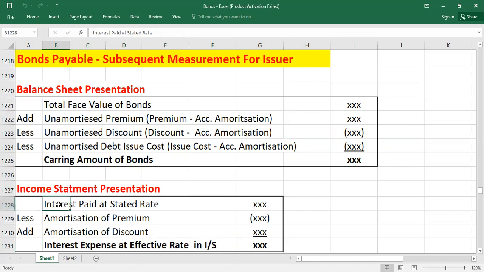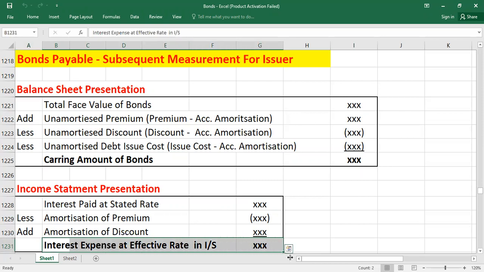We need interest paid at stated rate. Stated rate means the rate mentioned on the bond, less amortization of premium, whatever the amount of amortization relevant to the premium, you will subtract. Then you add amortization of discount. This is how your interest expense will be recorded in the income statement.